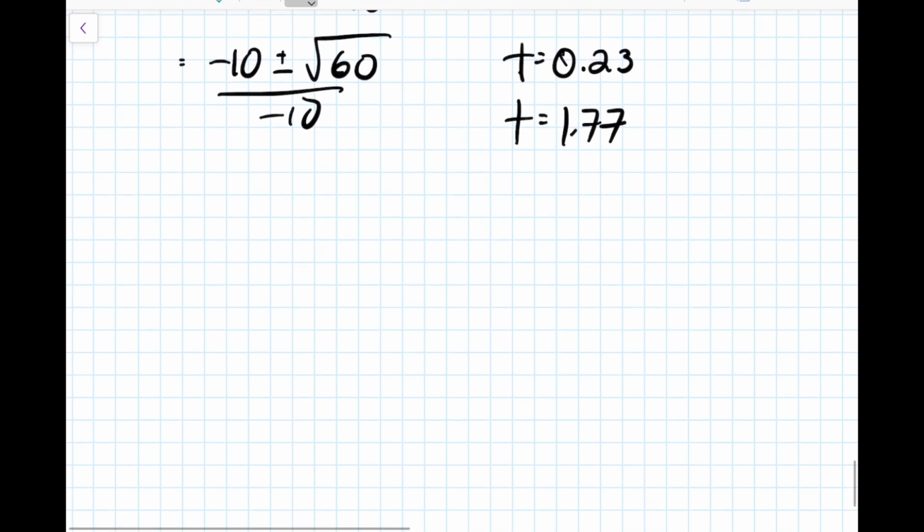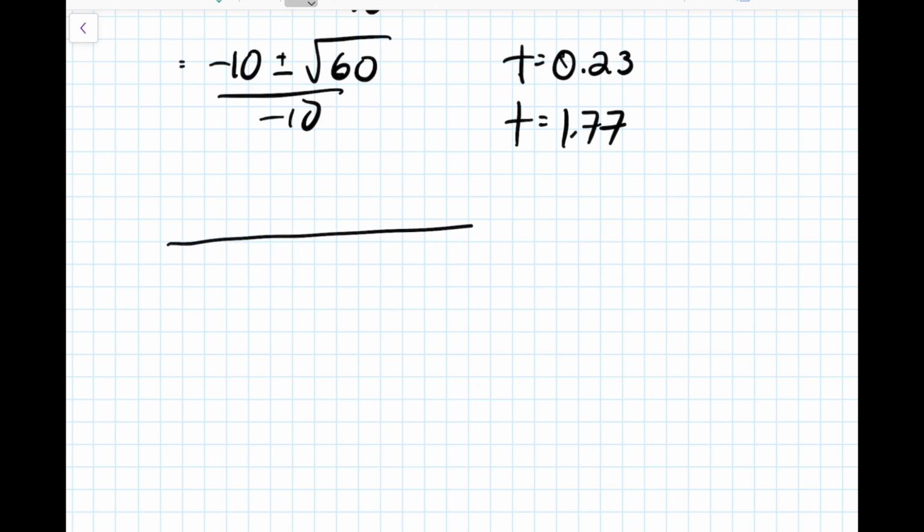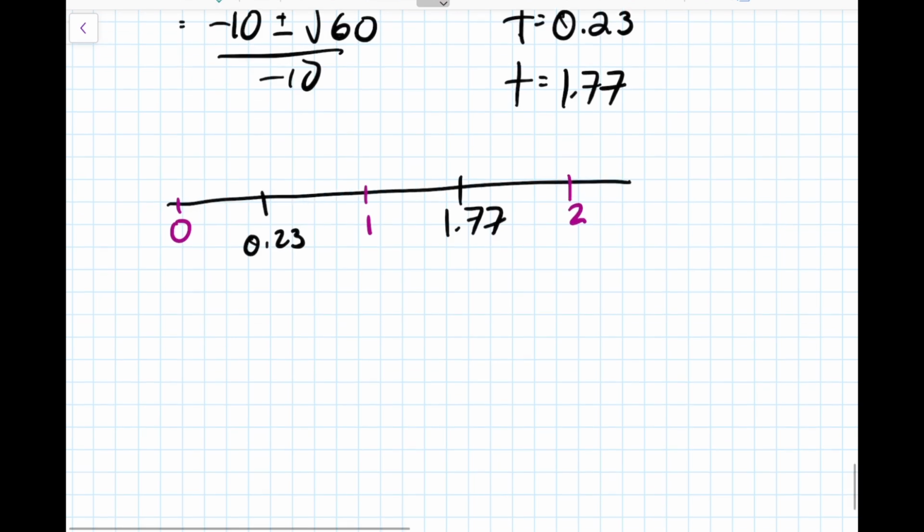All right. So if we make ourselves a number line, we've got 0.23, we've got 1.77, and we want to pick a number from each of those sections. So smaller than 0.23, your easiest thing is probably 0. In between those two things, your easiest thing is probably 1. And then on the right, you're probably going to go with 2.